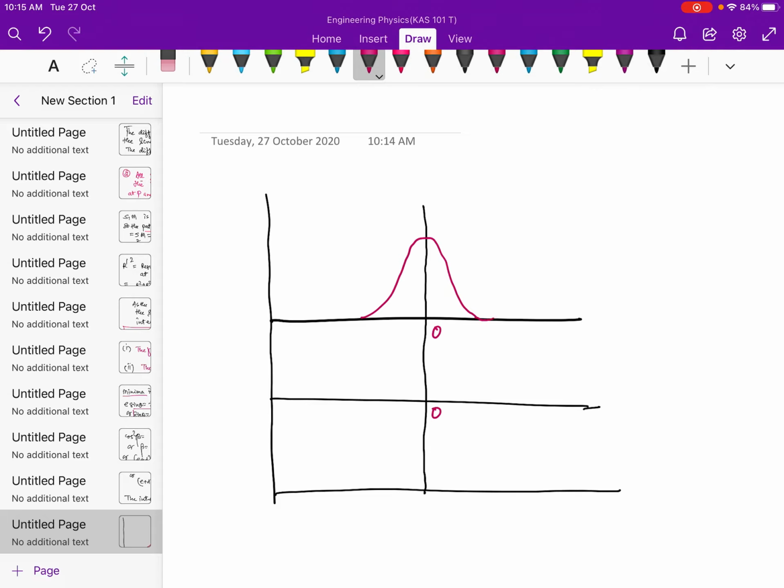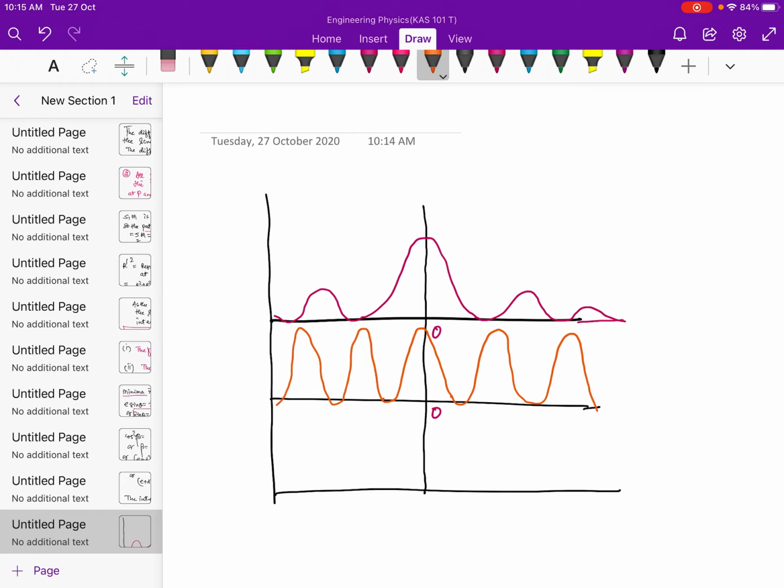This is your individual slit diffraction pattern. This is your interference pattern. You will see the intensity is uniform in the interference pattern.